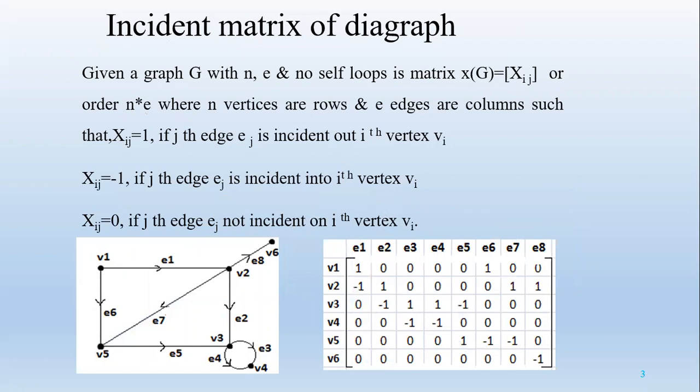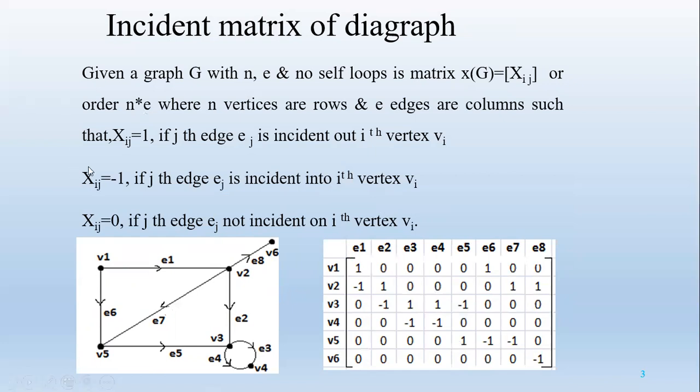This is the incidence matrix. Here we take one diagram. This is a directed graph. We can make the matrix. How many vertices are there here? 6 vertices, and the number of arcs is 8.